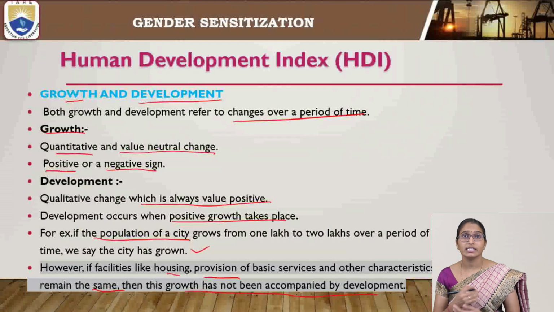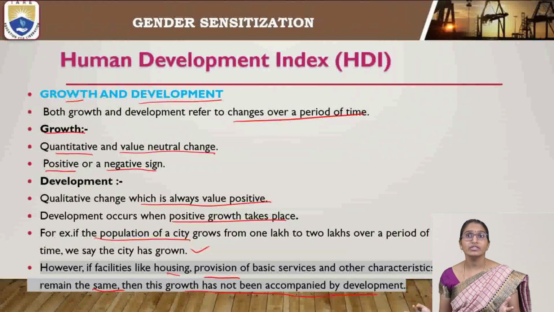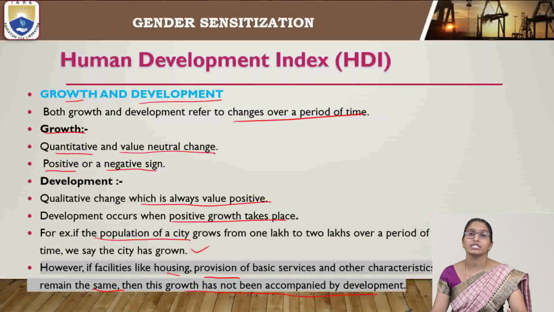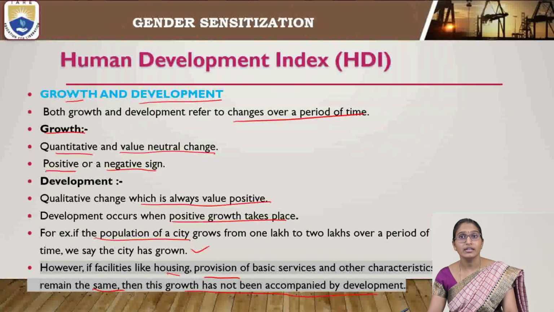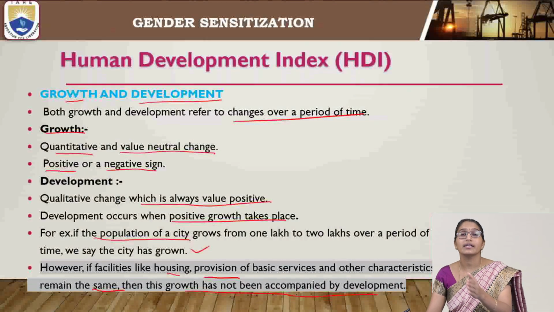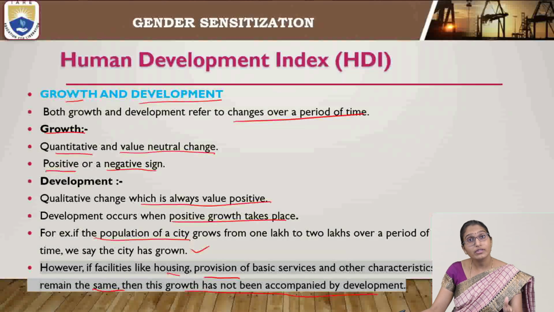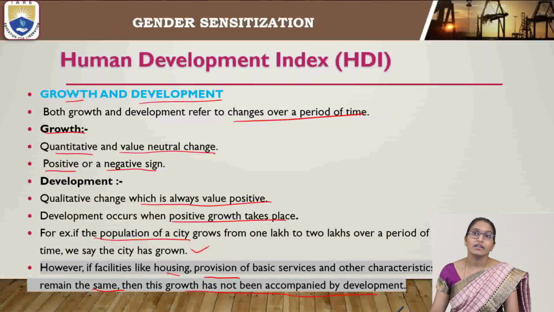We call it development when, along with the population, the minimum needs, housing, food, clothing, everything, all the provisions needed for that population have been given. If all have proper housing, food, and availability of all resources, then along with the growth of the population, we say that the city is developed.